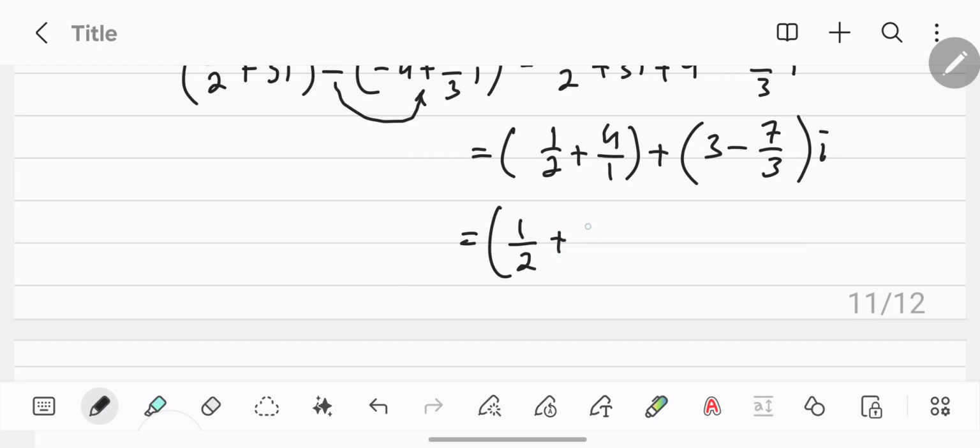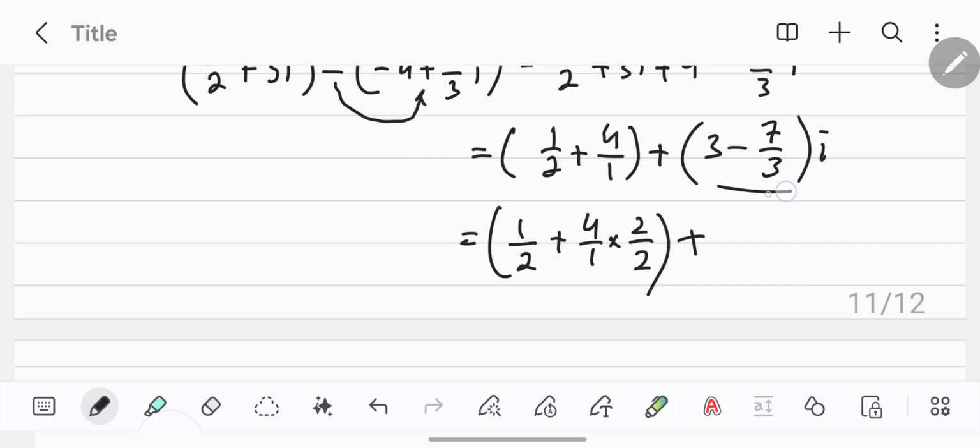How can we make it the same? 4 by 1, we will multiply this with 2 and divide with 2, so that here we also have denominator 2. Because here the denominator was 2, so I have multiplied and divided this term by 2 so that we get the same denominator here.